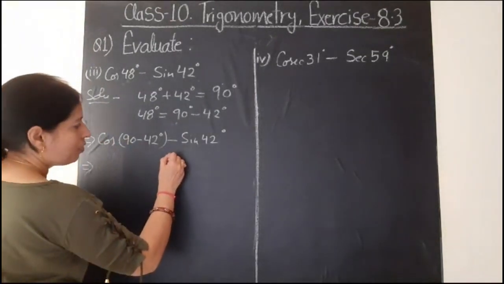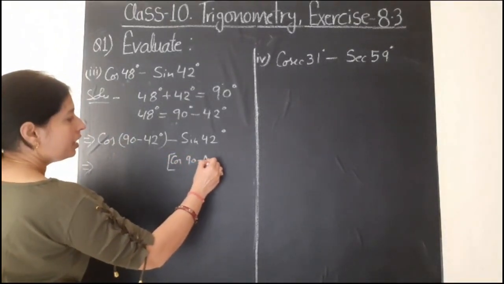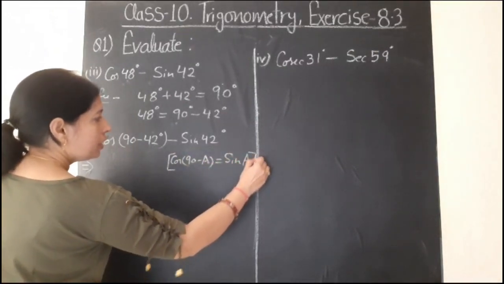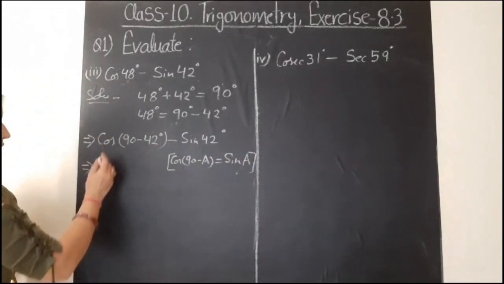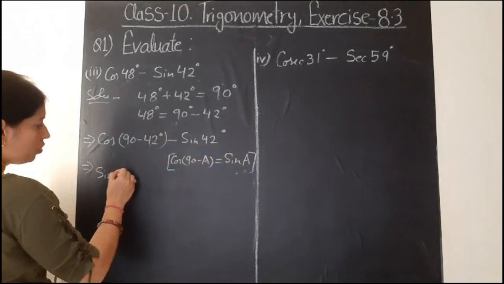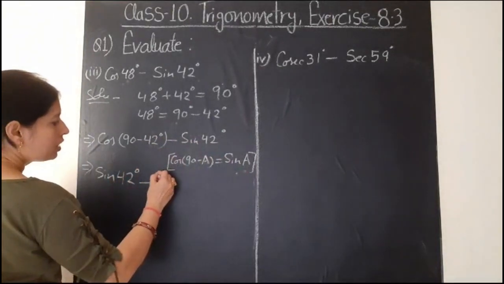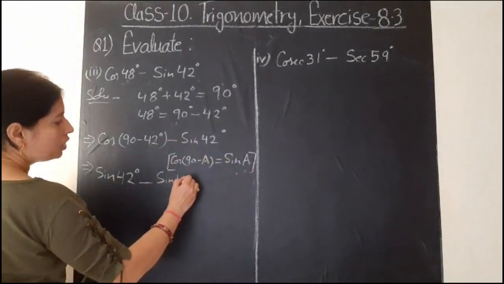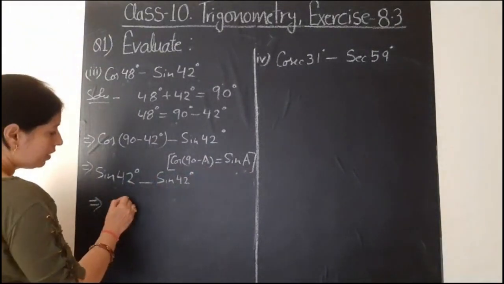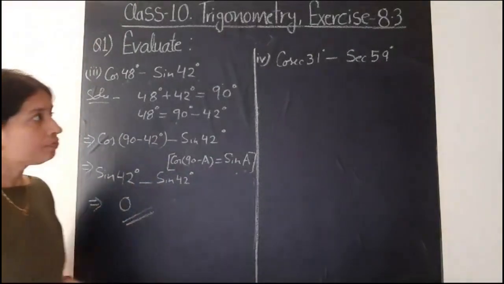So you can write here first formula, cos 90 minus a is equal to sin a. Use this. So it will come sin, in place of a here it is 42. So it comes sin 42 degree minus sin 42 degree, which will be 0. So your answer will be 0 here.